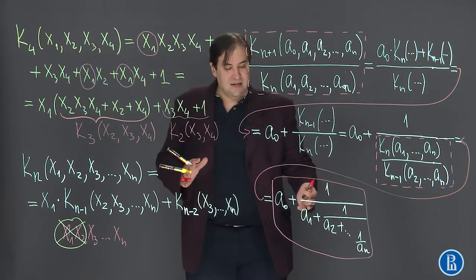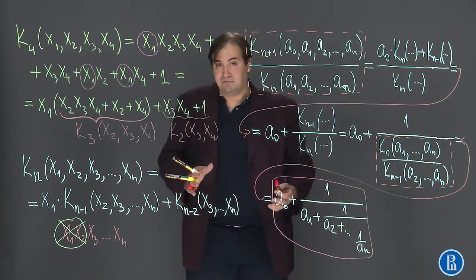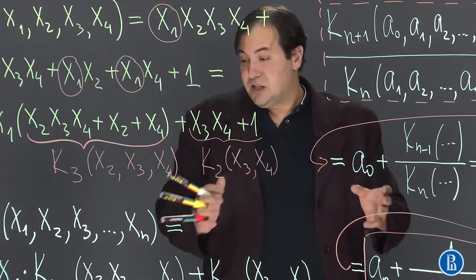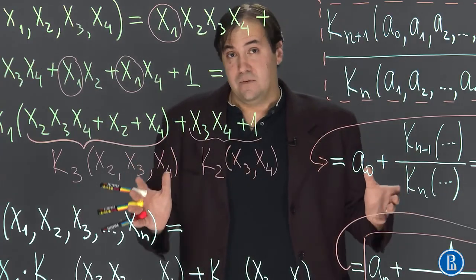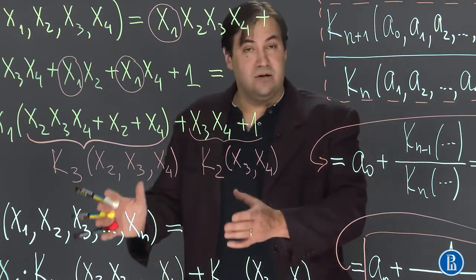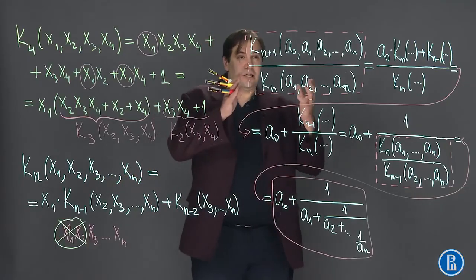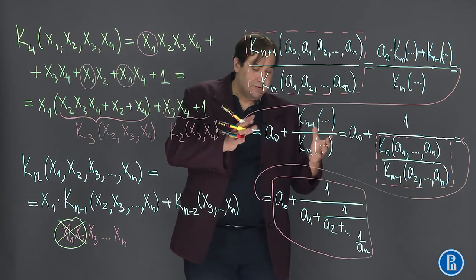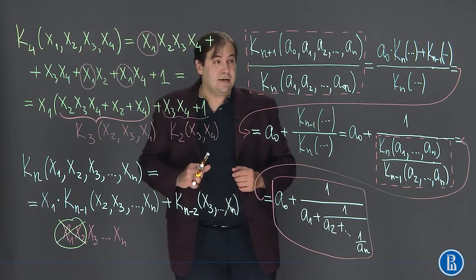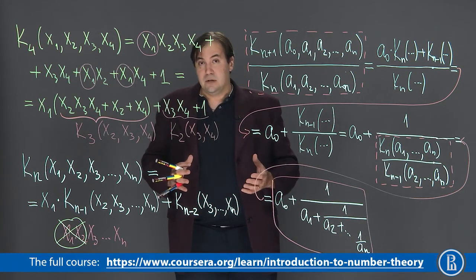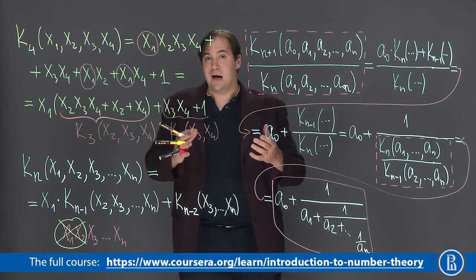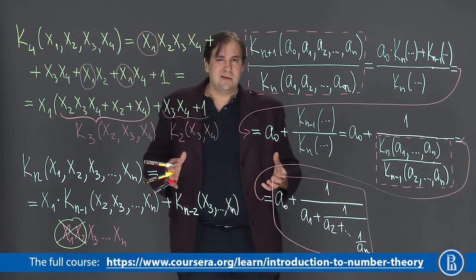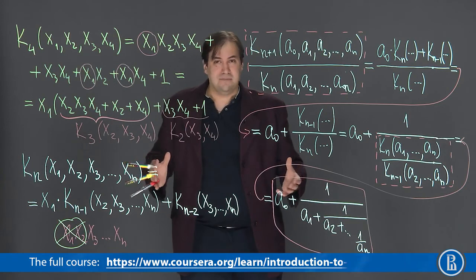It doesn't matter whether these elements are numbers or variables or some polynomials or whatever. This was the main property of continuants, the recurrent equation and the connection of fractions of continuants with the continued fractions. In next videos we will come up with some other properties of continuants, but most of them will follow from this one. Stay tuned.